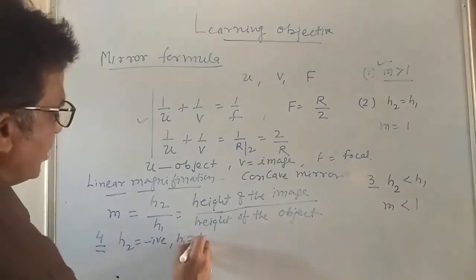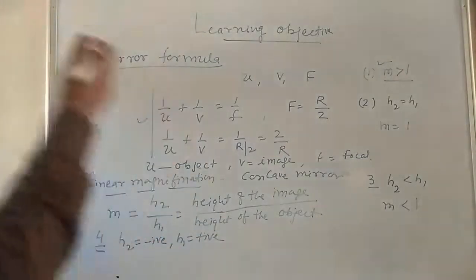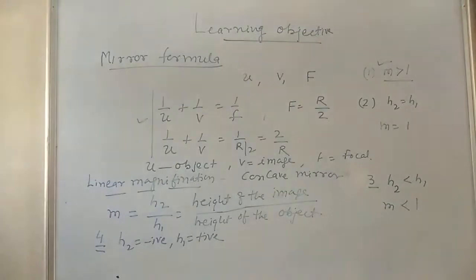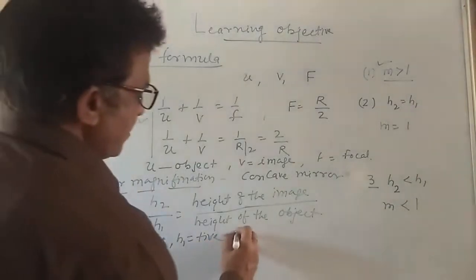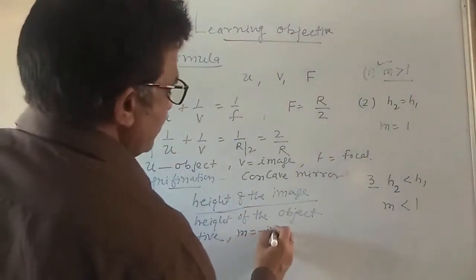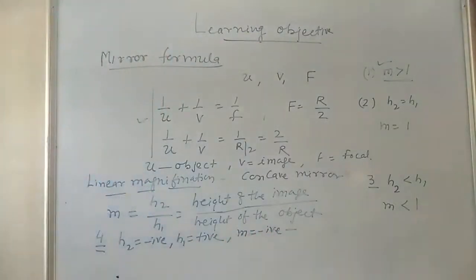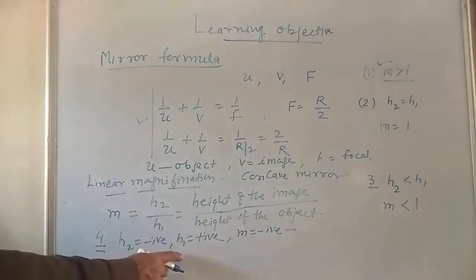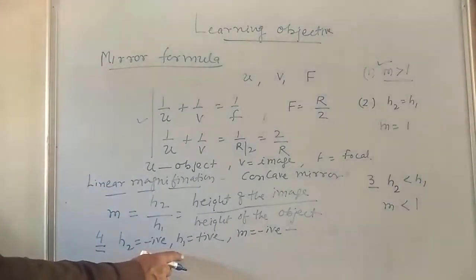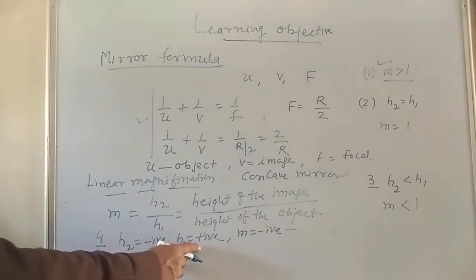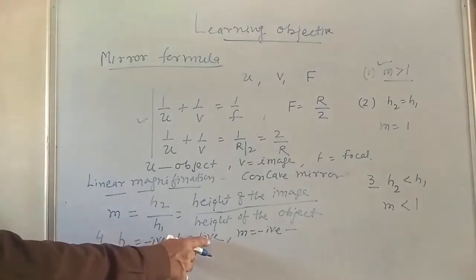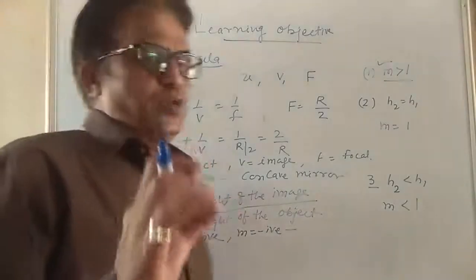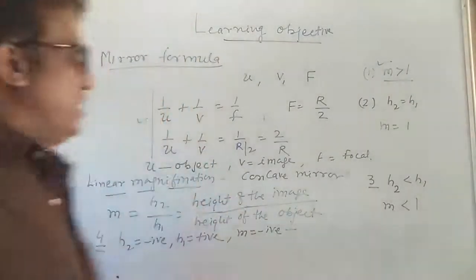Height h1 is positive, that is upwards. So my dear children, m comes out to be negative. This is another case: real and inverted. Linear magnification is negative when the image is real. When the linear magnification is negative, the image formed by a concave mirror must be real and inverted.